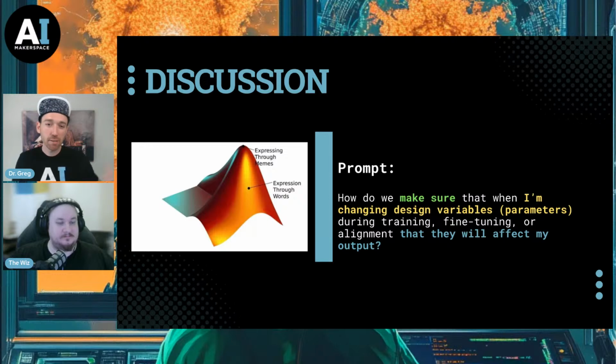Like, as we mentioned before, if you just change something that didn't matter, that's dumb. You just wasted your time, right? How do we make sure that the individual parameters of the billions of parameters that we're changing are actually useful to even be changed?